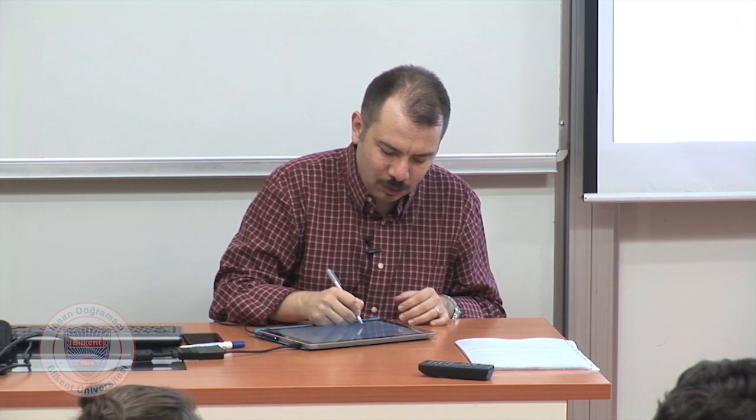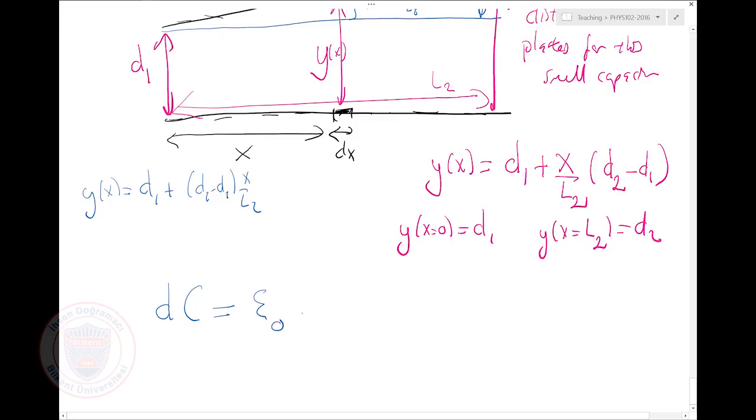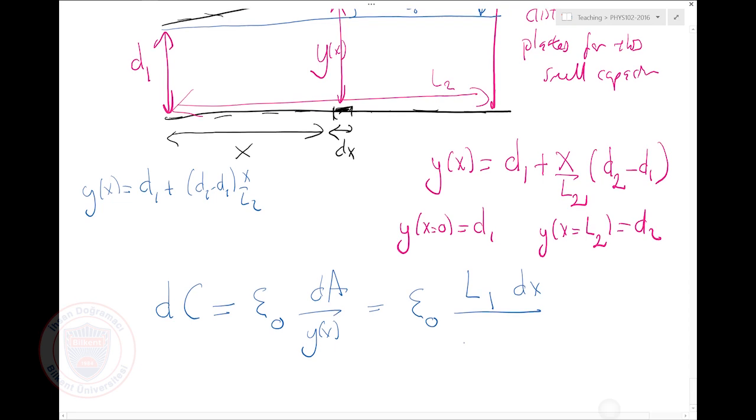I found both, which means the small capacitance is epsilon 0 dA over y of x. So it's going to be epsilon 0, dA was L1 times dx, and y of x is d1 plus d2 minus d1 over L2 times x.